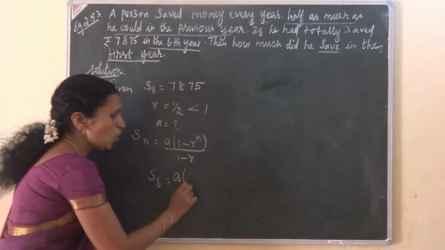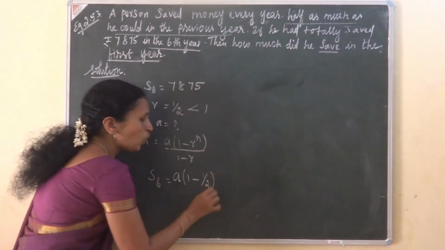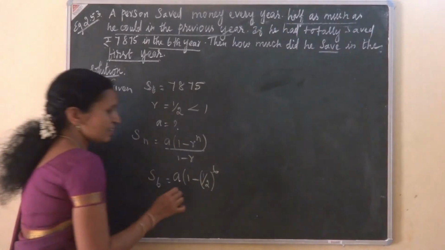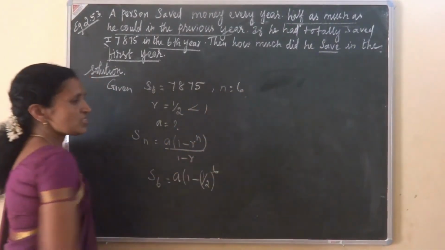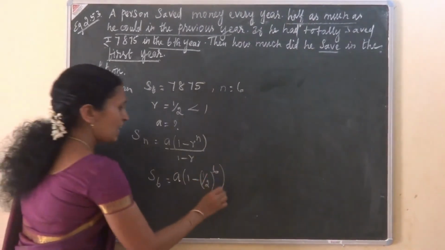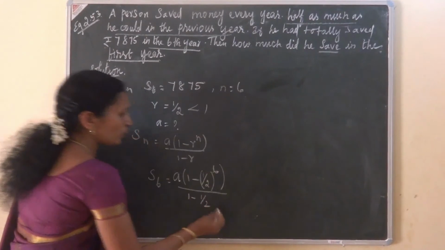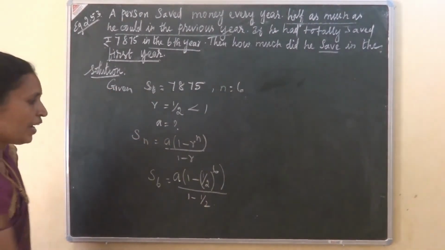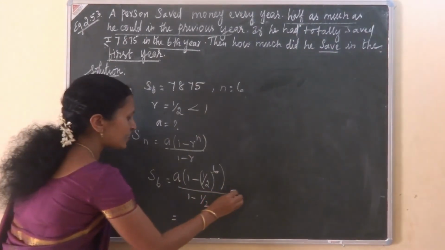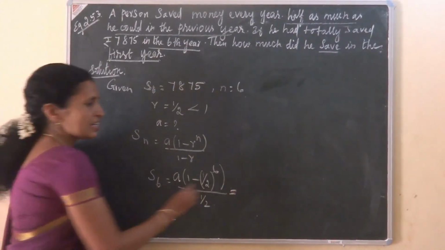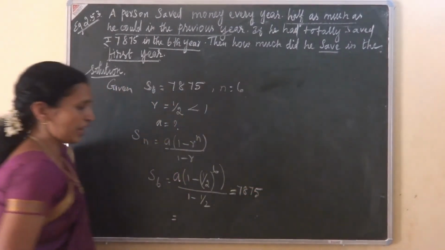A into 1 minus 1/2 the whole power 6, N equal to 6, divided by 1 minus 1/2. Now this is equal to S6, which is 7,875. That also you write.